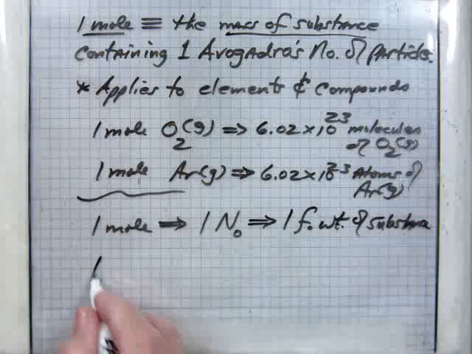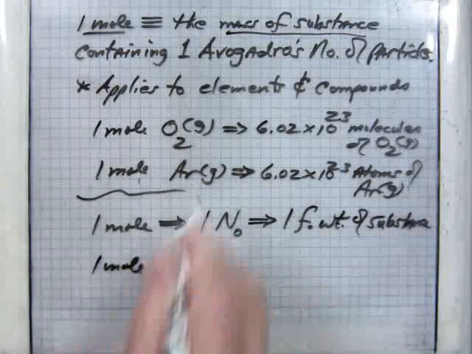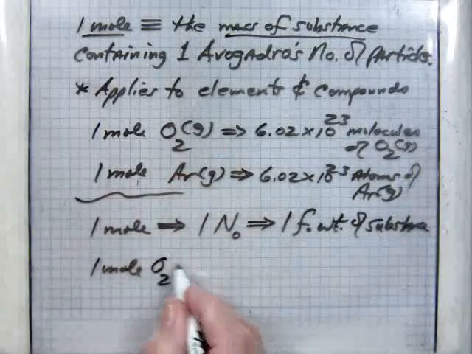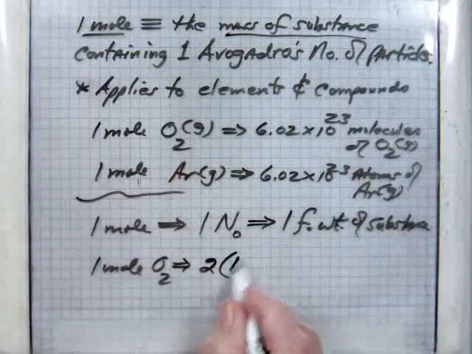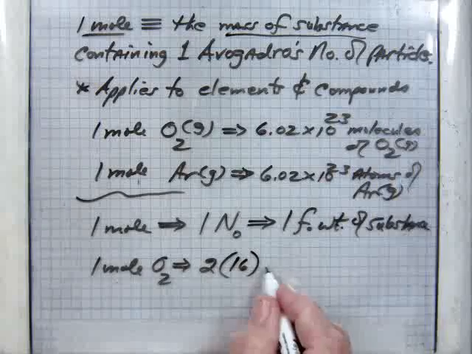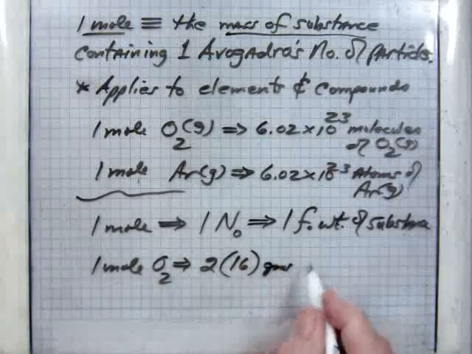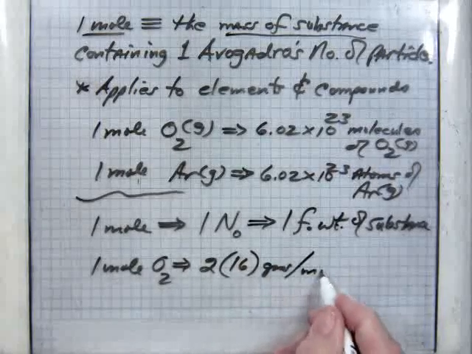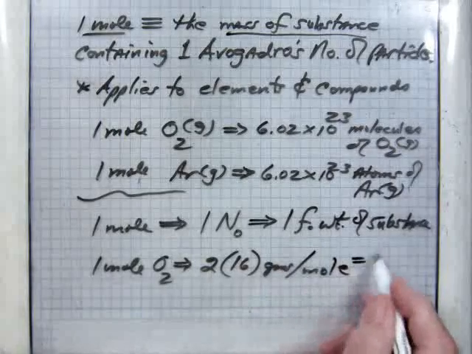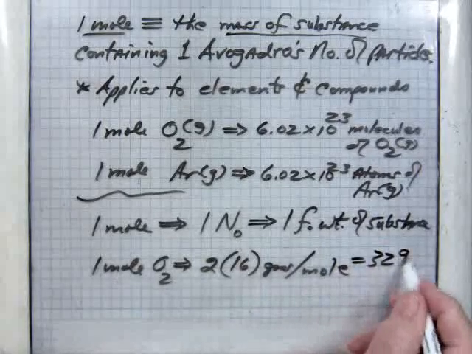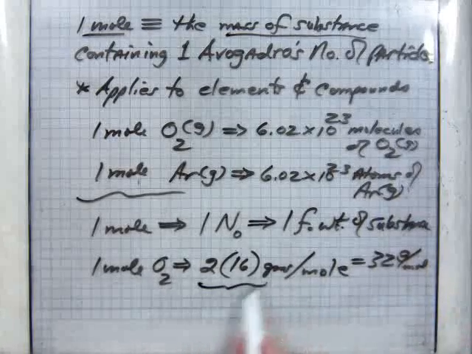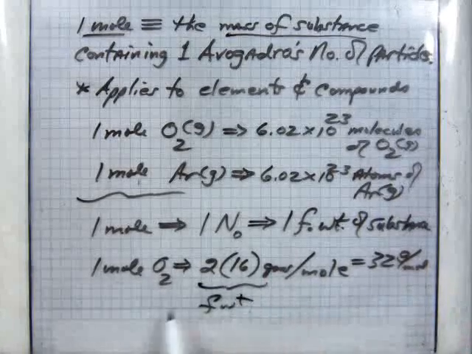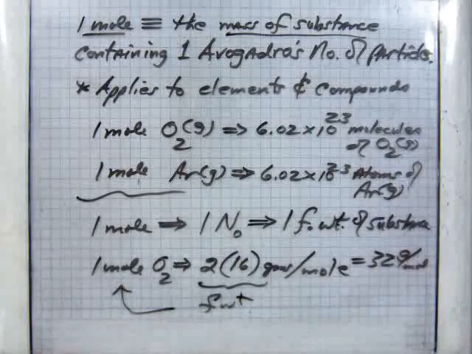That is 1 mole, we're talking about O2, is 2 times 16 grams. And we call that grams per mole, and that's 32 grams per mole. So the formula weight is also a mole.